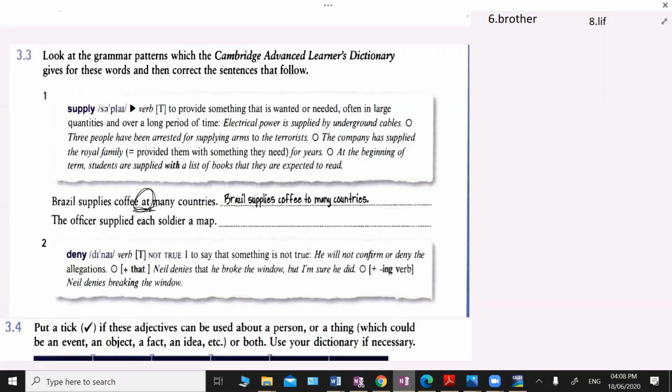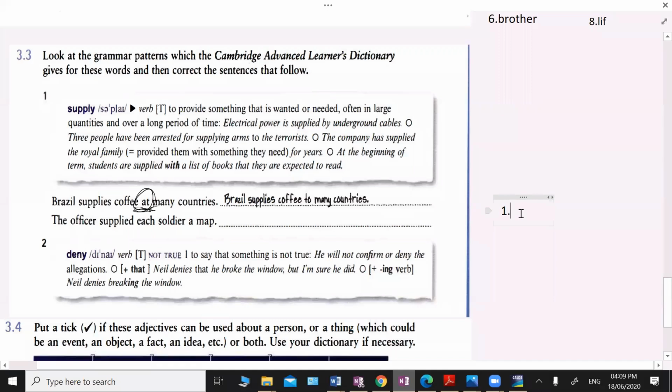The officer supplied each soldier a map. Can you tell me what is the mistake here, and we can correct it? This is the sentence here. What is the mistake in this sentence? No, it's not.